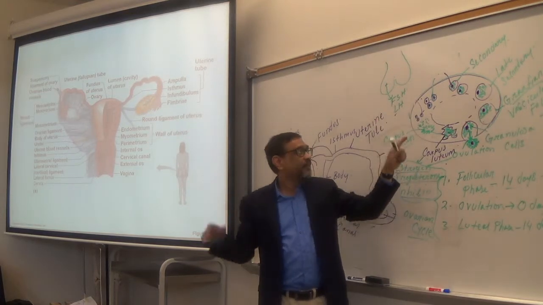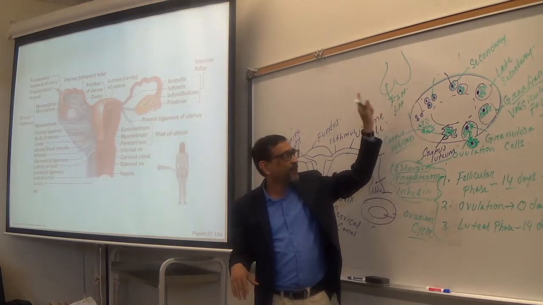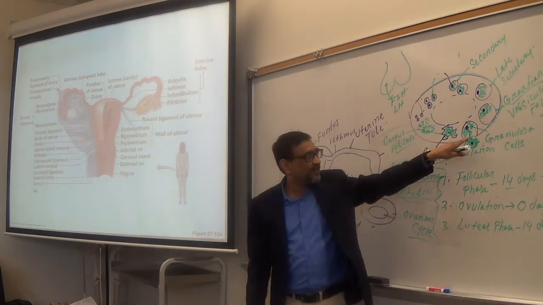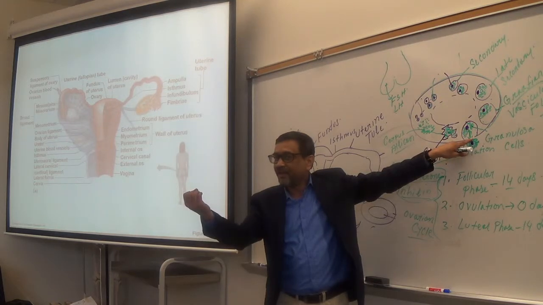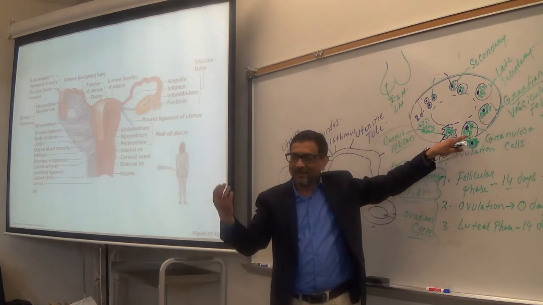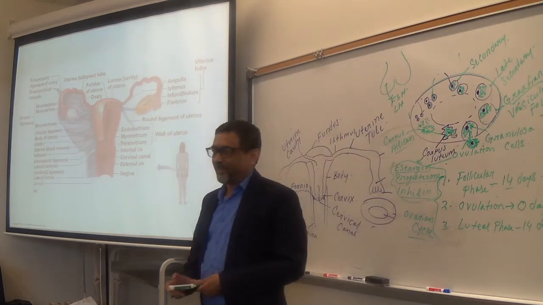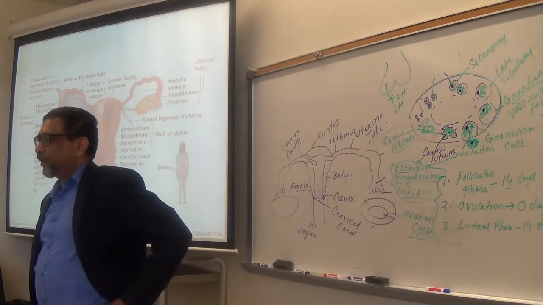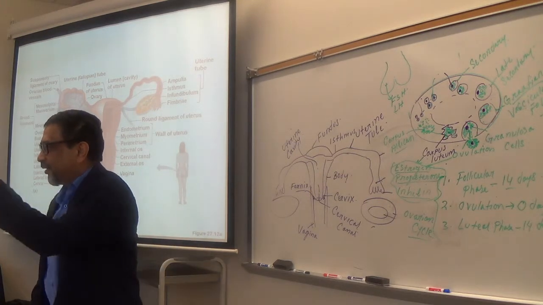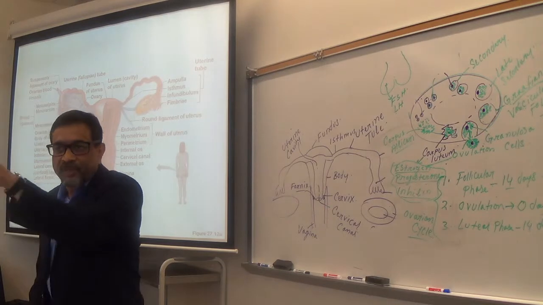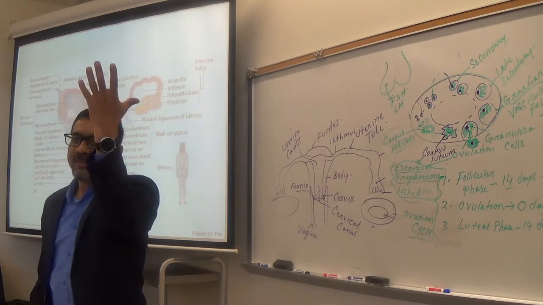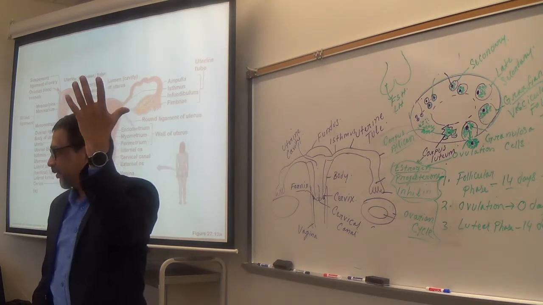Luteinizing hormone, this one mainly works here to cause the what? Rupture. You said this is from the posterior? Anterior pituitary. So those 2 anterior pituitary hormones help in the growth and maturation of the follicle, and luteinizing helps in what? Rupture of the Graafian follicle. That means ovulation.